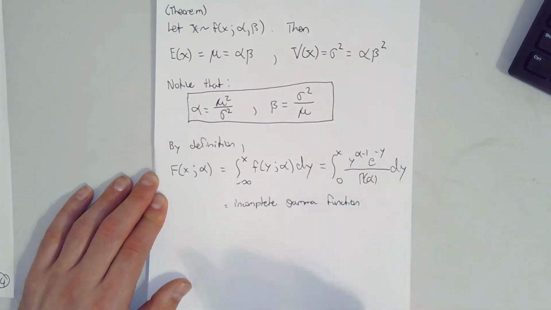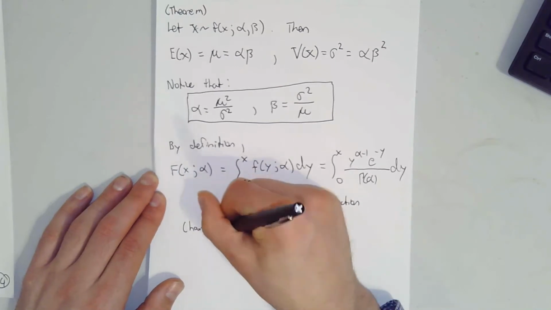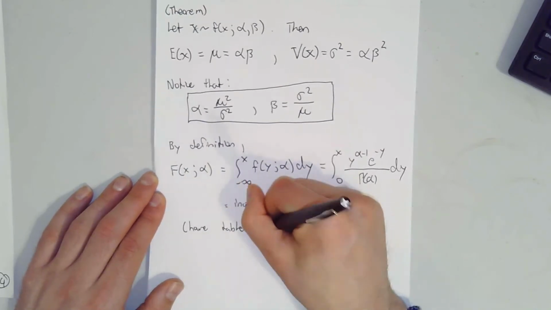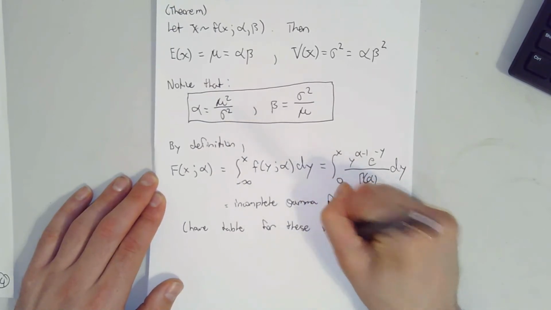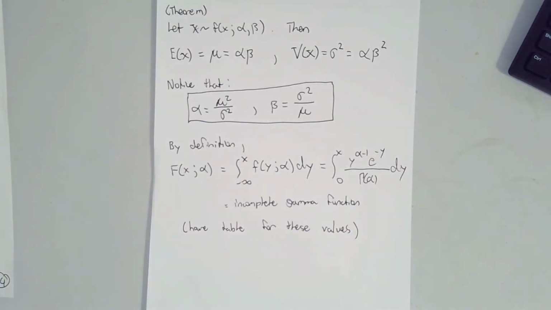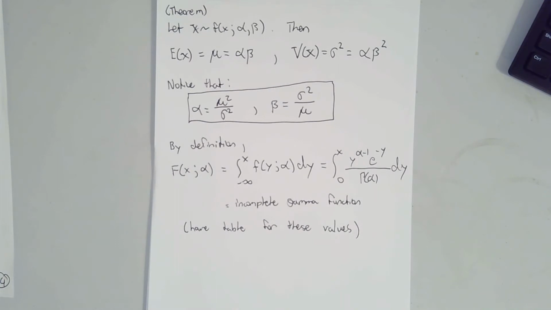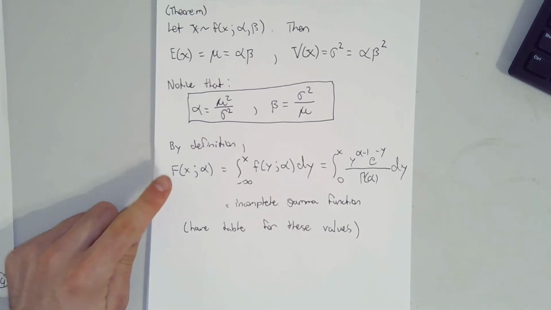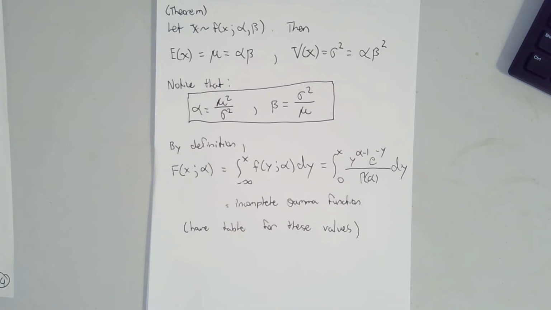So we call that the incomplete gamma function, and we have a table for these values. Using a table, you give an x and an alpha value, and in the next video we'll talk about using that table in order to evaluate our incomplete gamma function for various values of x and alpha.